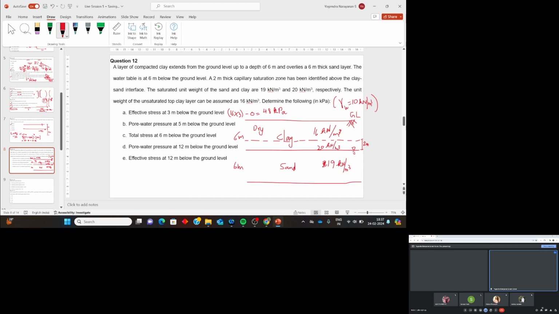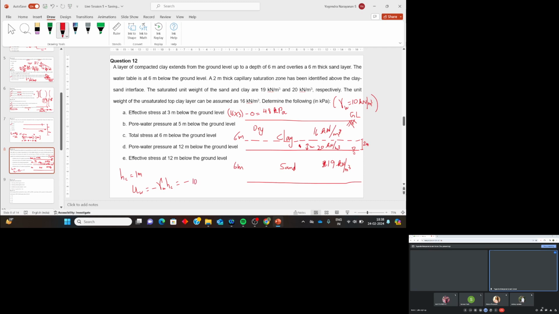By the way, that is negative. The answer is -10. So here the point is somewhere in the middle of this layer. So 5 meter from ground level means 1 meter from water table. So here the capillary rise which we consider, Hc, is 1 meter, and we know that in the capillary zone, u_w is minus gamma W Hc.